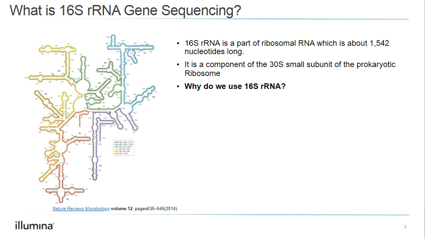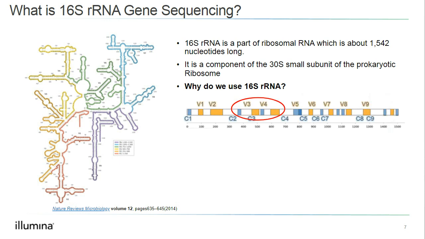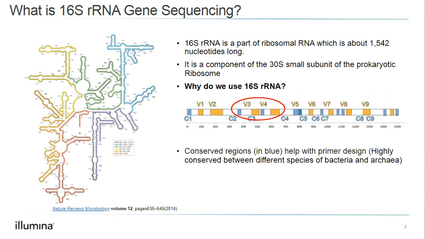The 16S ribosomal RNA gene includes some highly conserved regions and hypervariable regions. This diagram shows those conserved regions and hypervariable regions in the 16S ribosomal RNA gene. The conserved regions, highlighted in blue in the diagram, help with primer design.